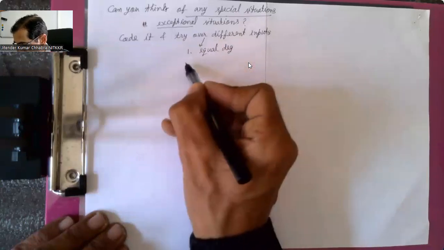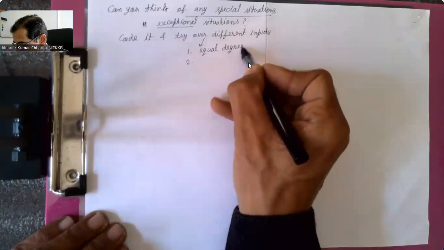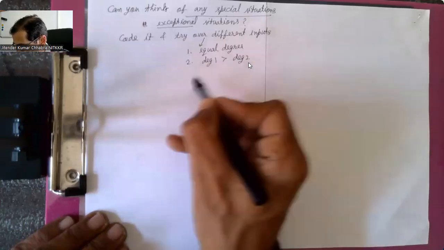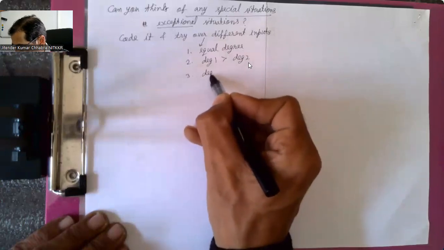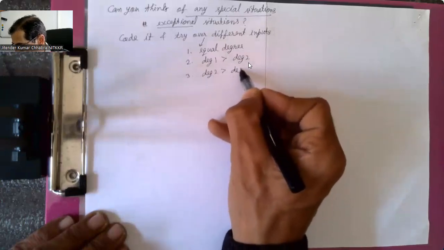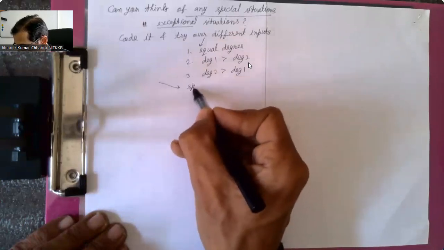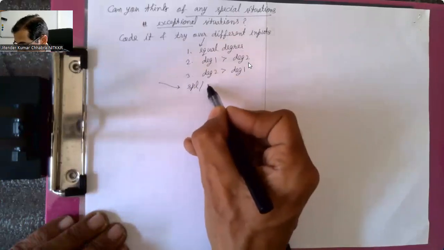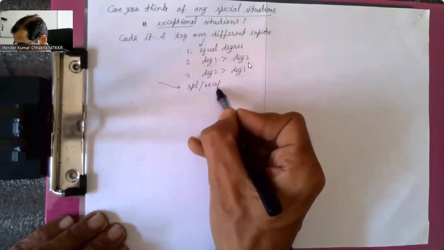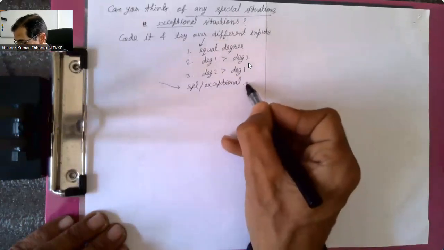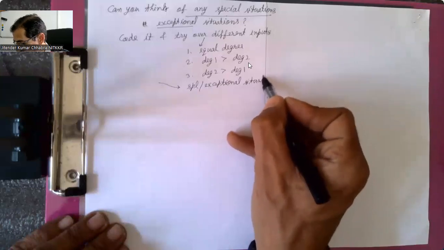You should also check for degree 1 being greater than degree 2. You should also check for degree 2 being greater than degree 1. And if you can think of some special or exceptional conditions, then those are also to be targeted during implementation. Otherwise, this much is also good enough.